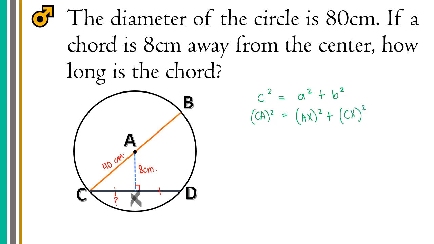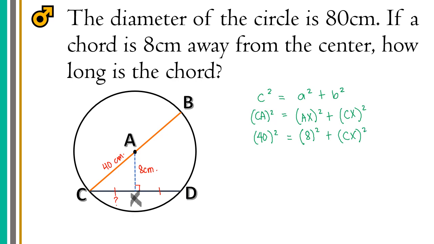Now let us substitute the given details. For CA, we have 40 squared, and for AX, we would have 8 squared, plus CX squared.